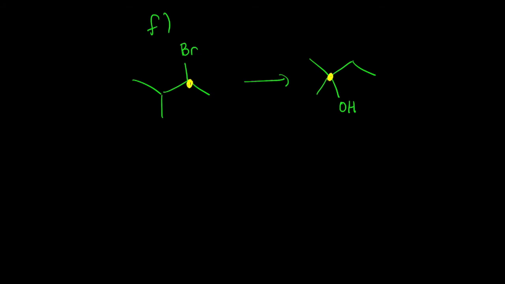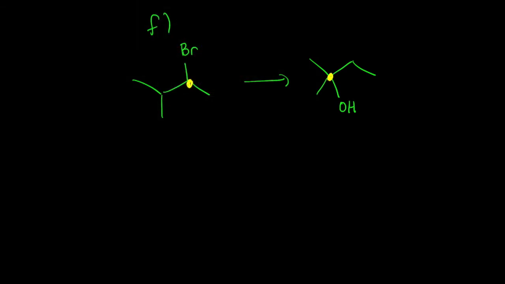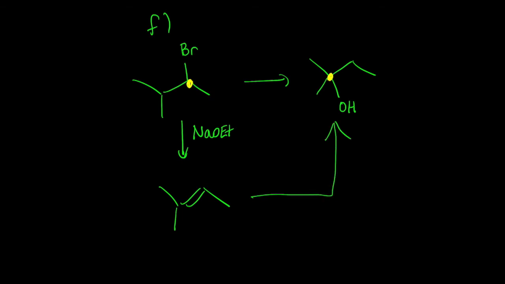So what do we do? We could do an elimination to get a double bond in the molecule. The way to do that is with sodium ethoxide, which would give us the Zaitsev product, and then we could add an OH back again, and we do that by adding water and acid. Okay, so you're starting to get the idea here.